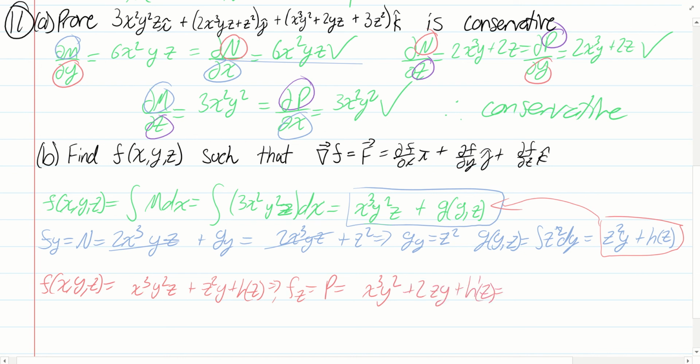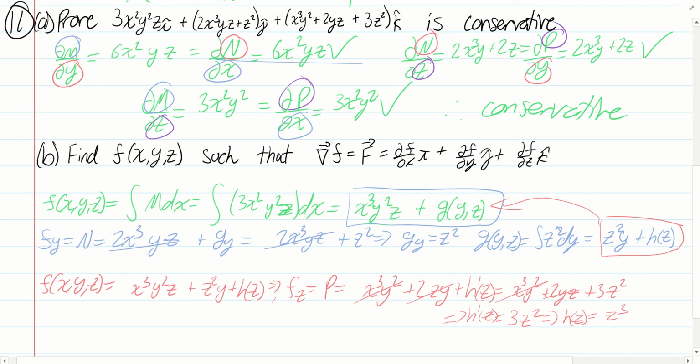Set that equal to p, which is x cubed y squared plus 2yz plus 3z squared. These two terms right here are the same, cancel them out. These two terms right here are the same, cancel them out, which then implies h prime of z equals 3z squared, which then implies h of z equals z cubed.